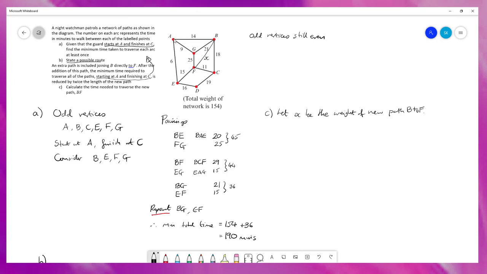We're still starting at A and finishing at C, so the only 2 vertices we need to join together are E and G. So B and F are now even. So therefore, only repeat E to G. Now we've seen here that E to G is length 15.